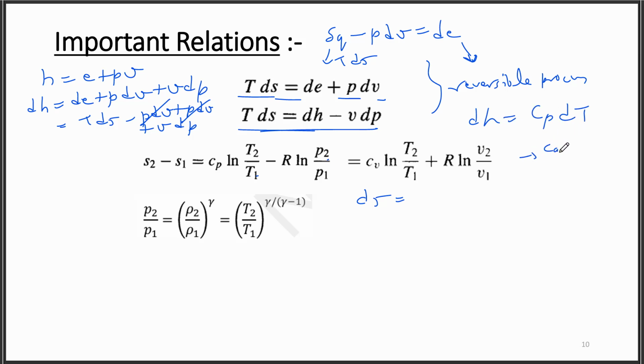This relation is for a calorically perfect gas, so Cp is constant. We will substitute this relation here, so we will get Cp upon T dT minus V upon T dP.